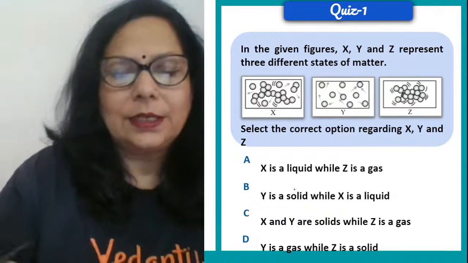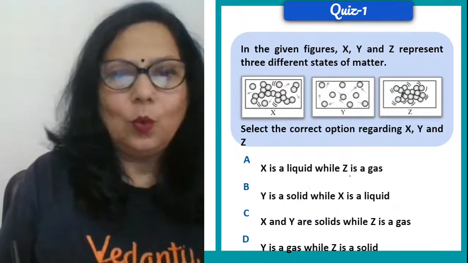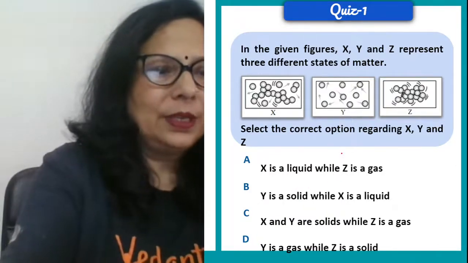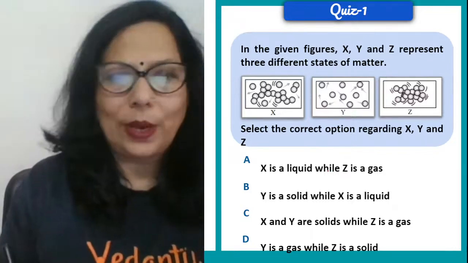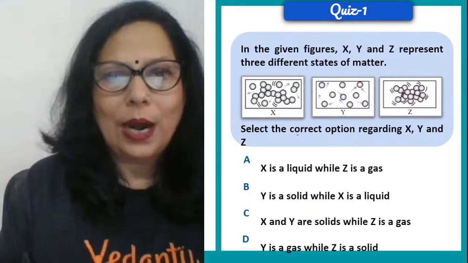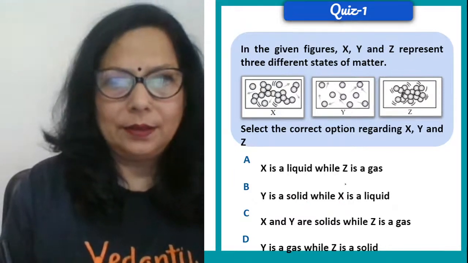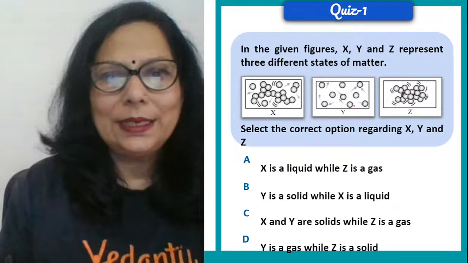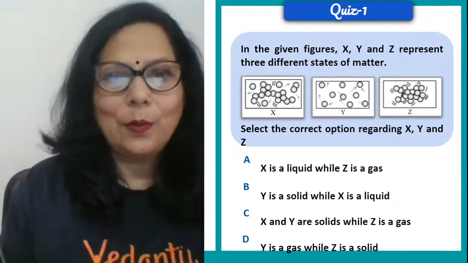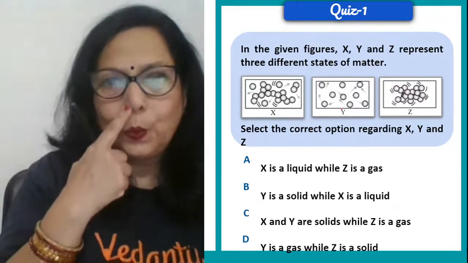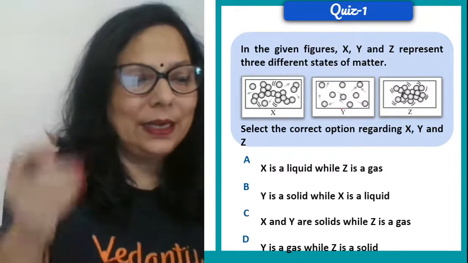X is a liquid while Z is a gas. X is a liquid, Y is a solid. X and Y are solids. Y is a gas while Z is a solid.